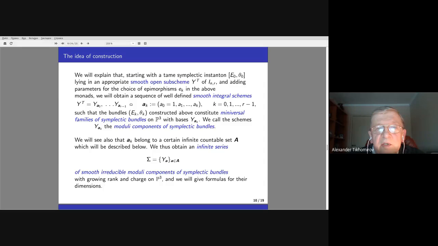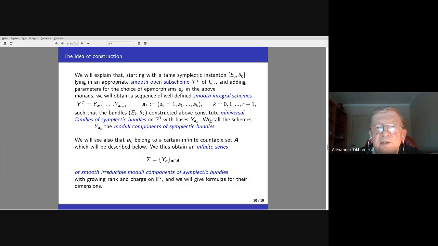And we will see that the bundles E_k, theta_k constructed above will constitute mini-versal families of symplectic bundles on P3 with these bases Y_{A_k}.